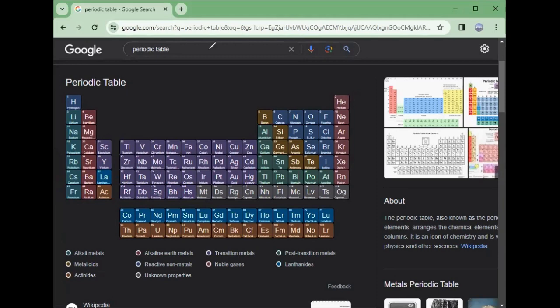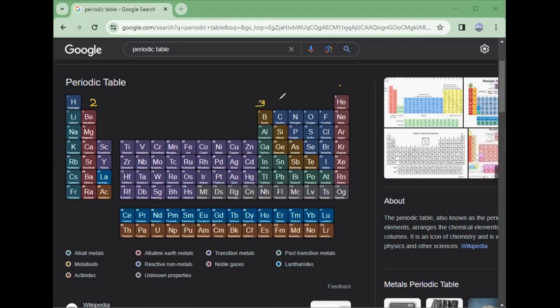All right. So in the periodic table, let me tell you that these vertical columns are called groups. All right. So what are those vertical columns which are called groups? You see the first one. This is group number 1. This is group number 2.